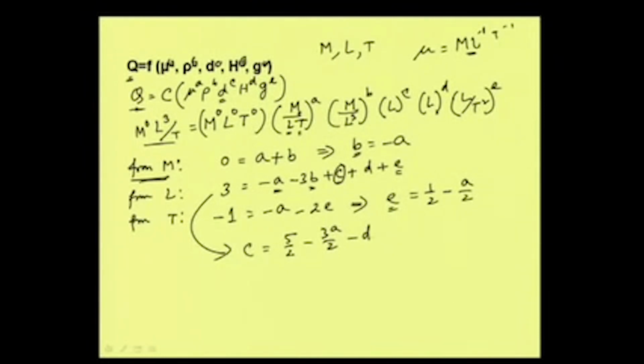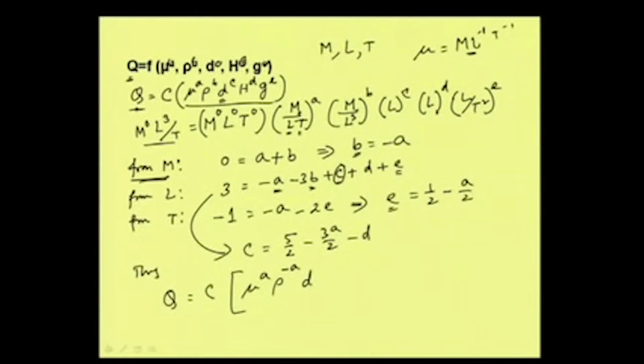Well, now in this equation, if we put the value of all these quantities, let me write. Q can be written as C, then we can write mu to the power a, a we are maintaining. Then we have rho to the power b, but we will write it as minus a, because b is equal to minus a, that we know.